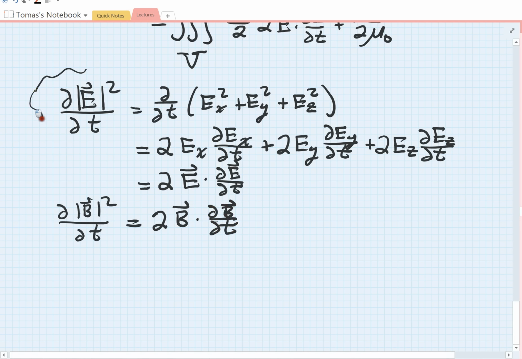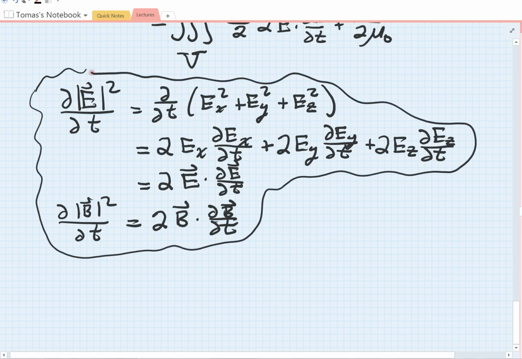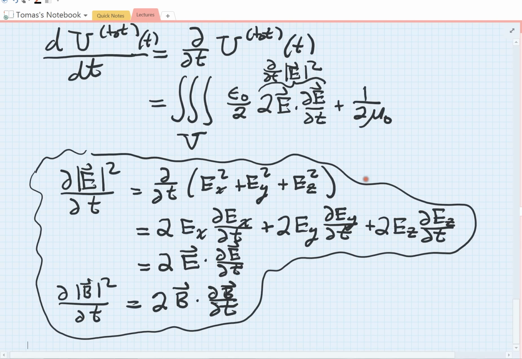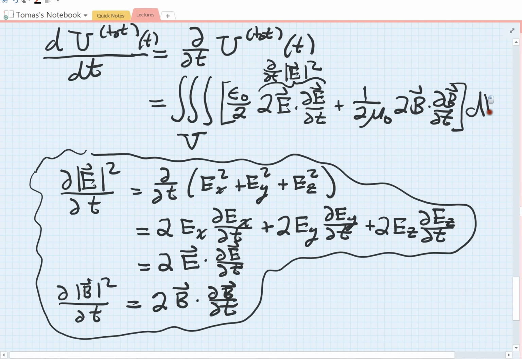And that then ends our little aside here on taking derivatives of squares of fields. And then the factor here is 2 times the magnetic field times its time derivative. And this whole quantity, of course, is integrated with respect to volume V. So what we've done is we've just taken our integral for the total energy and moved the time derivative inside and taken that time derivative.